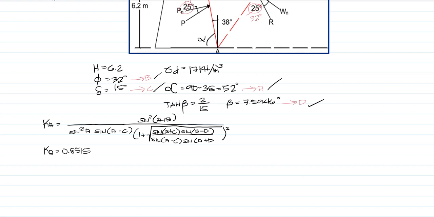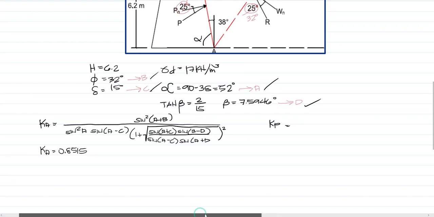Then, we will proceed in getting the passive earth coefficient. So, that is Kp. So, syempre, magbabago lang naman yung signs niyan. Yung plus magiging minus, and yung minus magiging plus.